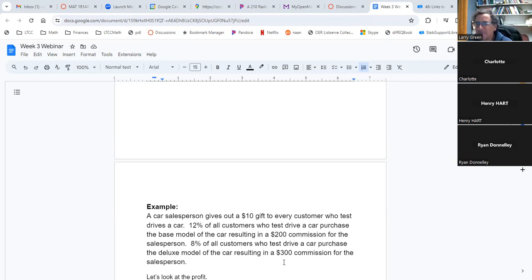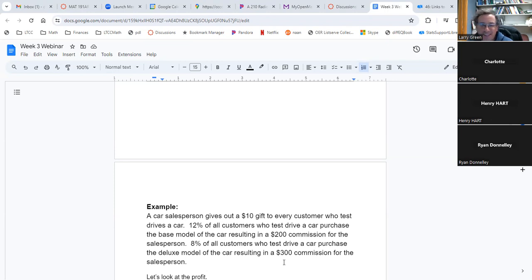Is that a good job in terms of making good money? What's your guess? Any thoughts? Yes, no? Good job? Okay. So I see some yeses, I see some nos.